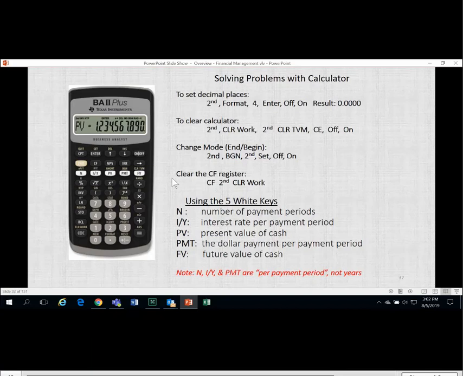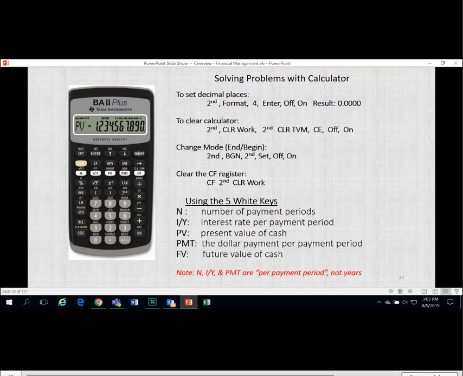Now, what are these 5 white keys? First, N is the number of payment periods. IY, interest rate per payment period. PV, as we said before, is the present value of cash today. Payment is the dollar payment made per payment period. And FV, future value of cash, the value of cash received next year or 2 years from now.